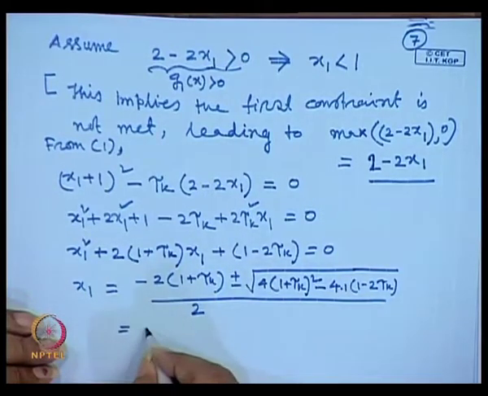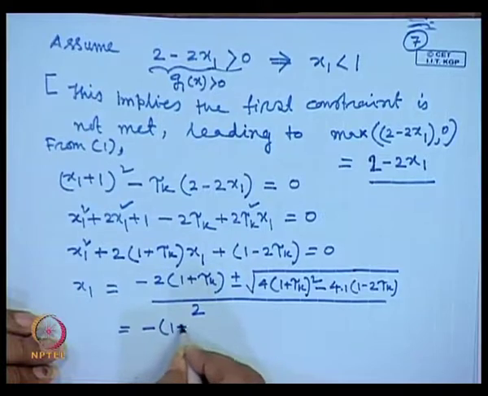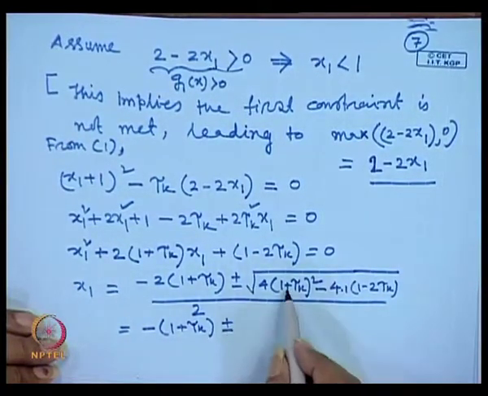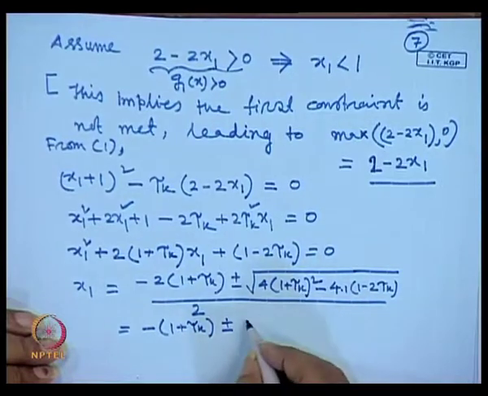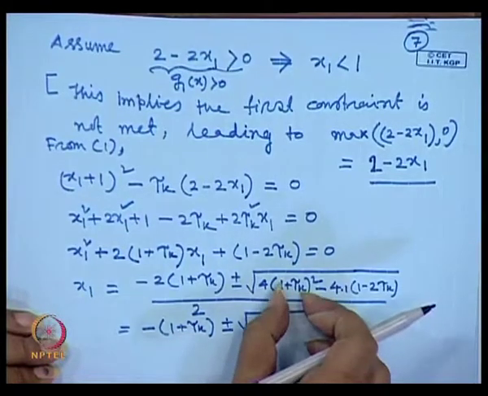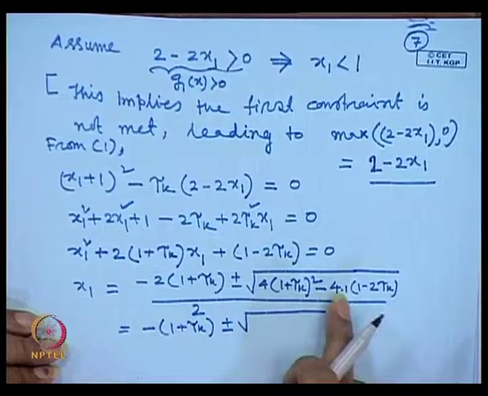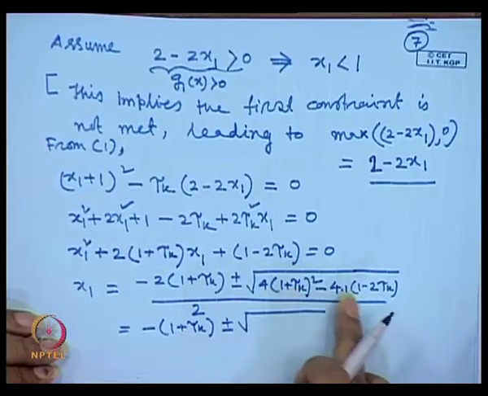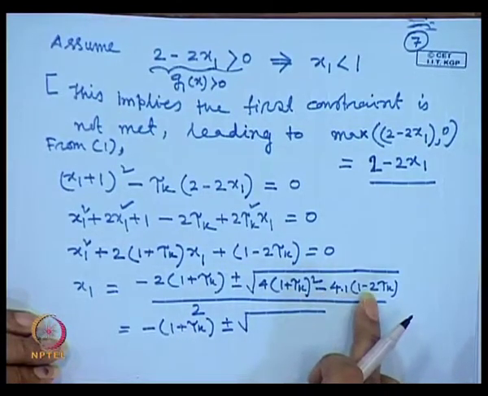So, it will ultimately come 1 plus tau k plus or minus, then what will be there, this 4 cancels. If you expand this one, 4 and this 4 will be cancelled, from here you will get 8 tau k, here is plus 8 tau k, agree.